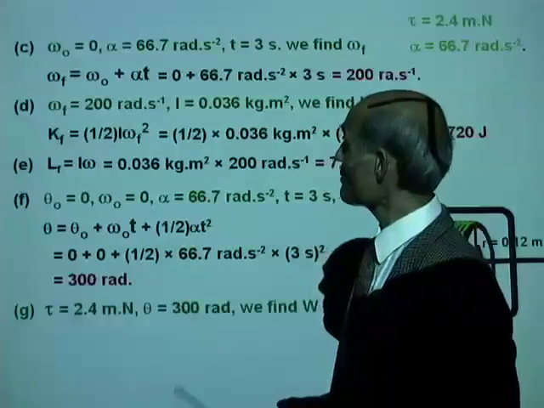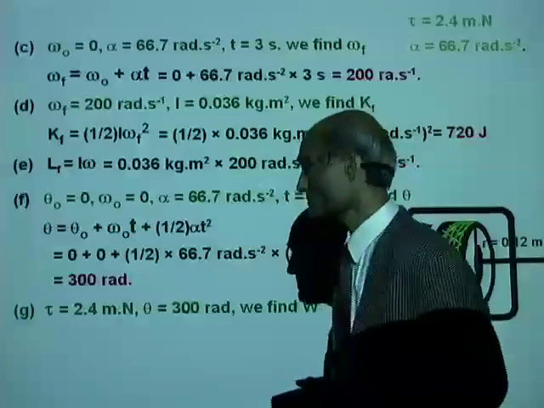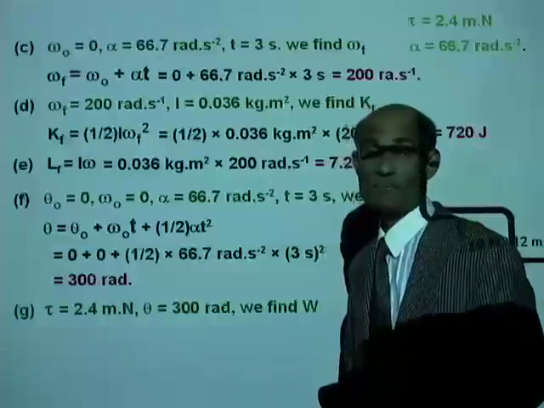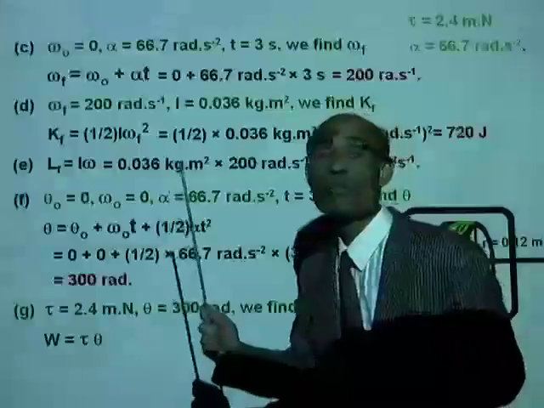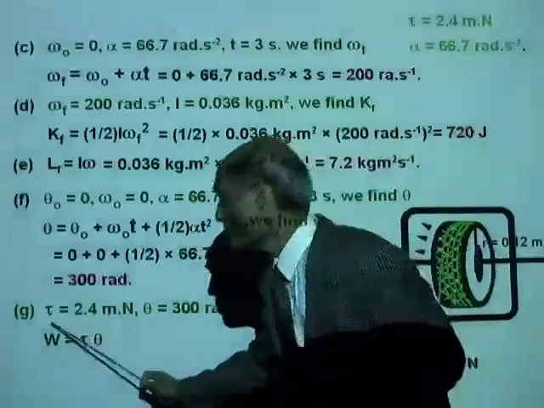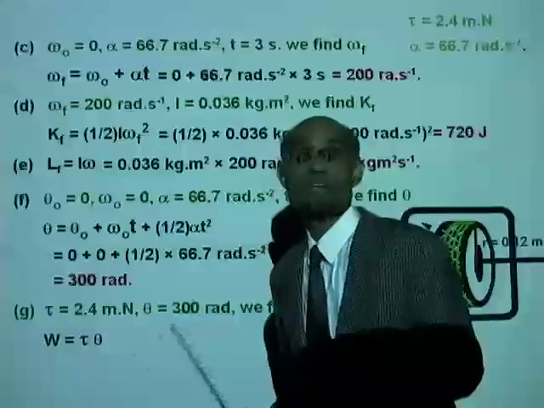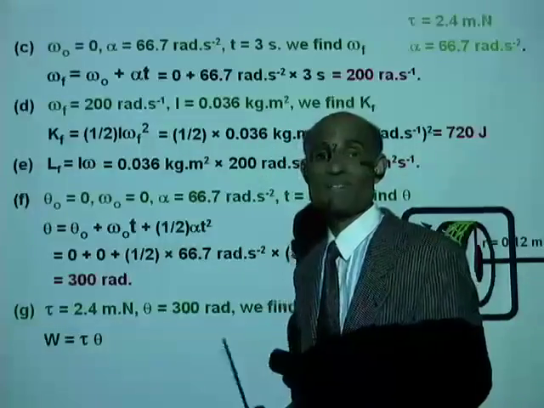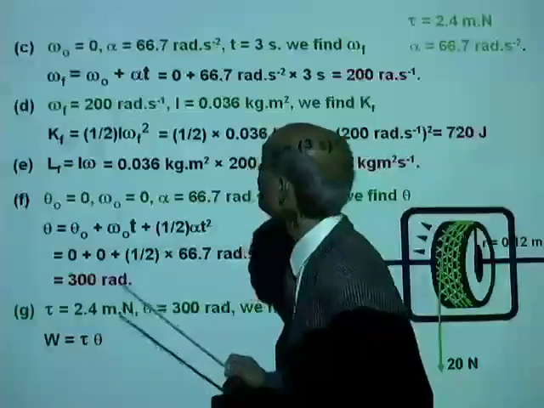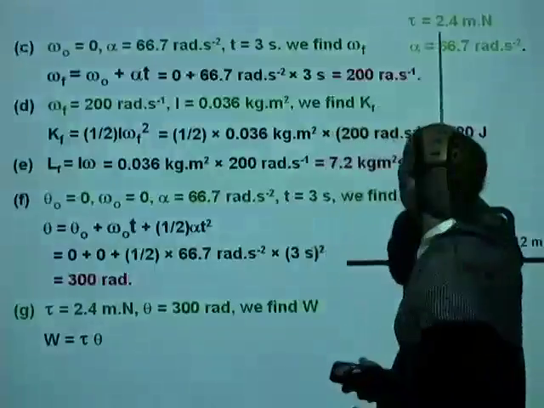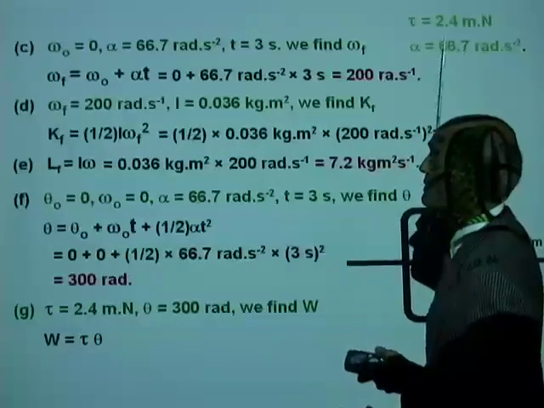Alright, what's the next thing that we need to find? In G, we need to find the work done. The work done in rotation is tau times the angular displacement, tau theta. Tau we know is 2.4 meter Newton.